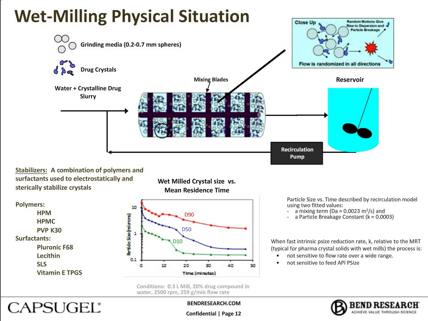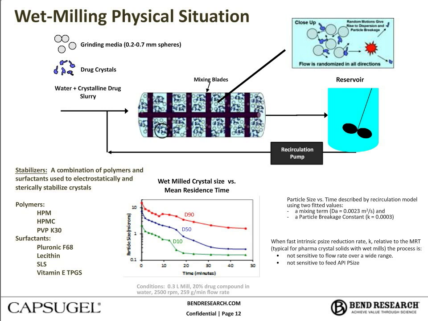In addition, mills can be operated in either batch or continuous mode. At small scale, typical for early feasibility studies, it's usually batch processing. At larger scale, the process is designed for continuous processing using a recirculation loop to control the mean residence time in the chamber. A typical mean residence time to achieve nano-sized crystals is between 30 minutes and 2 hours.